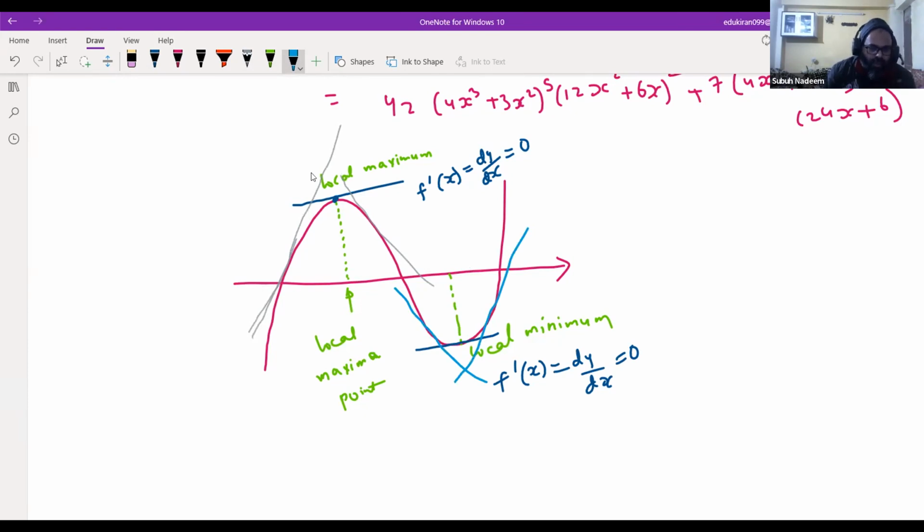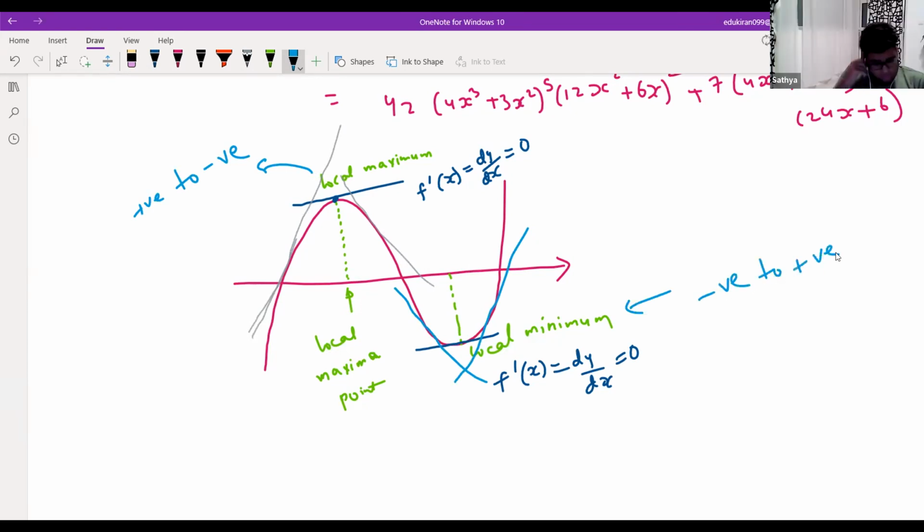So for local maximum it is positive to negative, and for local minimum it is negative to positive. This is how we differentiate between local minimum and local maximum.